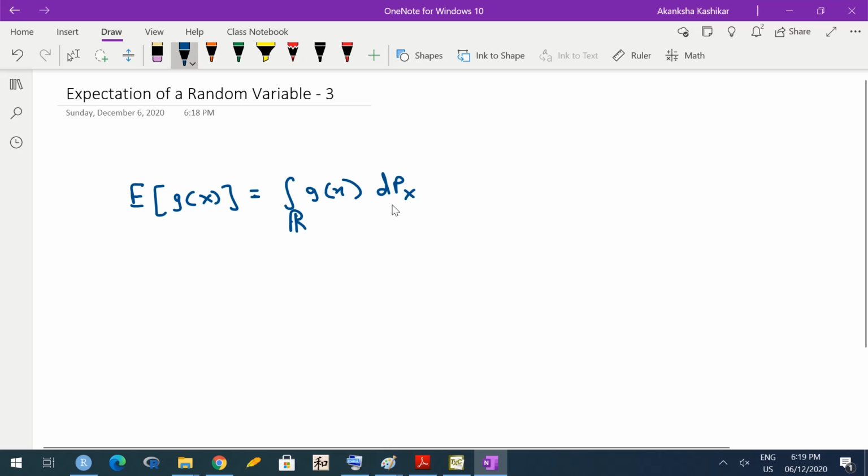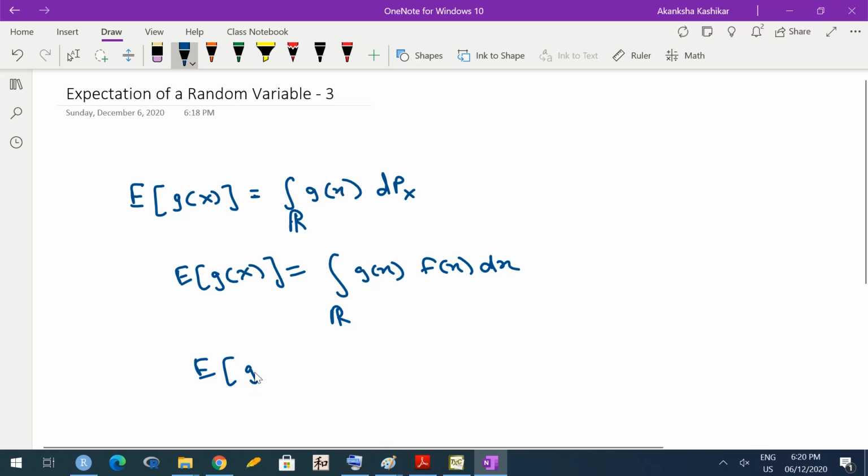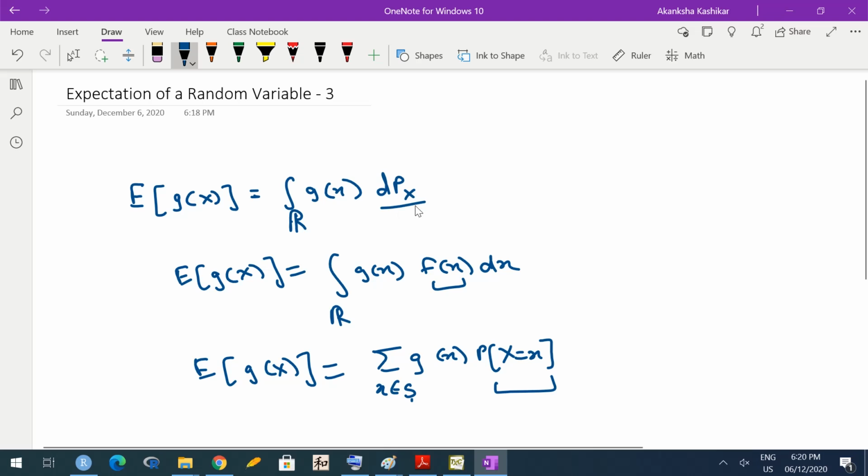If you have a continuous random variable X, then expectation of g(X) would be the integral of g(x) times the PDF, dx, over the entire R. And if you have a discrete random variable, then expectation of g(X) would be the sum of g(x) times the probability that X is equal to x, for all possible values of x in the support S. So you can use the PDF or PMF of X, that is, the probability measure induced by X.